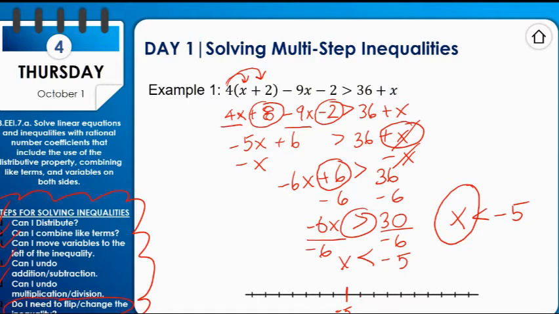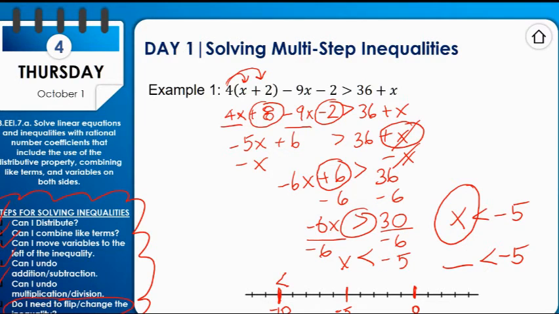So if I make this value -5, -4, -3, -2, -1, this is 0, and I'm going to pick -10. 5, 6, 7, 8, 9, 10. So for the values of x, is 0 less than -5? The answer is no. Is -10 less than -5? Yes.